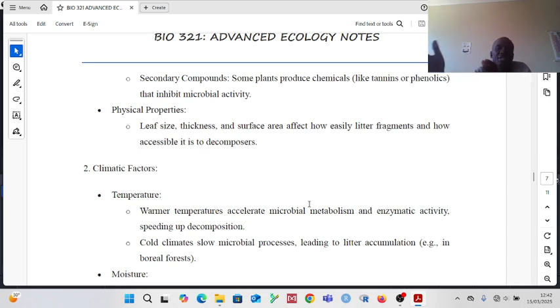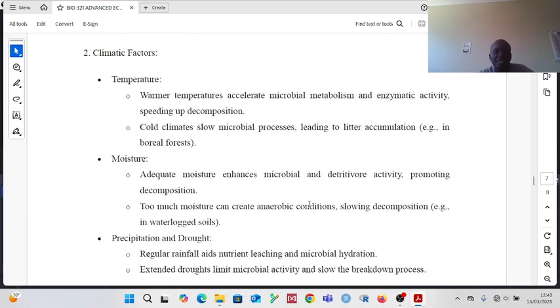So if something is too big, if something is too thick, then it might not be easily accessible. Then climatic factors, so things like temperature. If the temperatures are warmer, then we are likely to have accelerated microbial metabolism, a higher enzymatic activity. With that, decomposition will be speeded up.